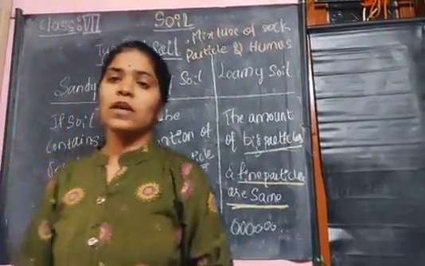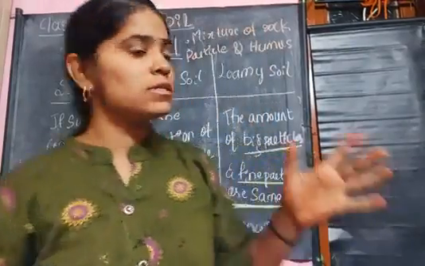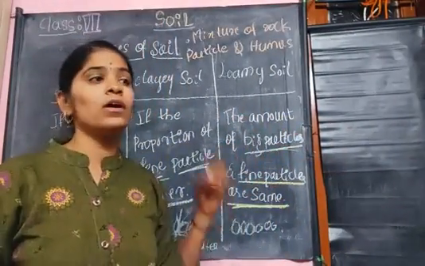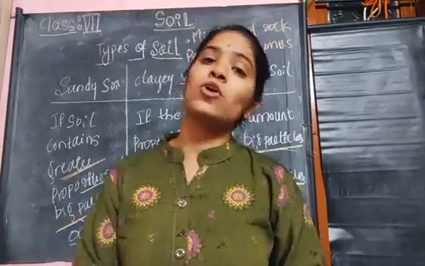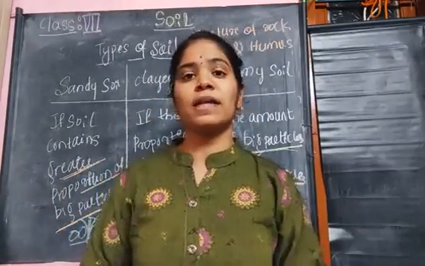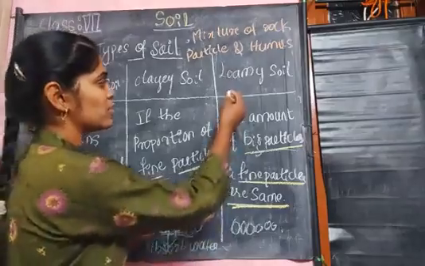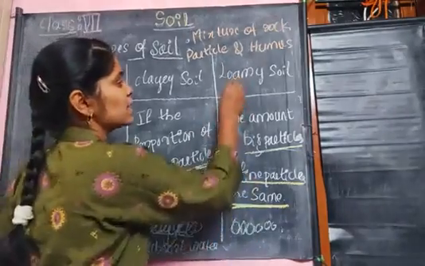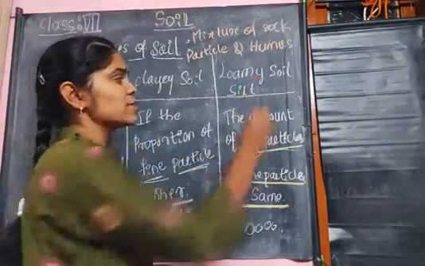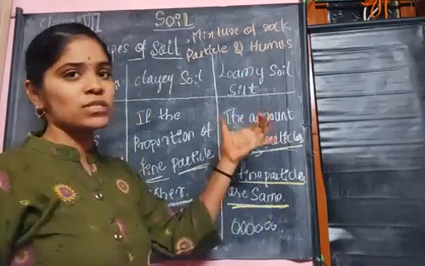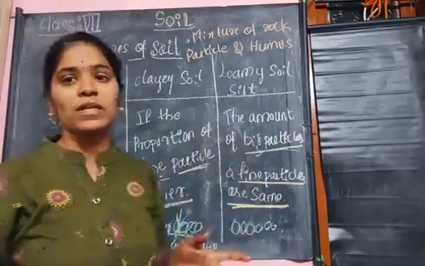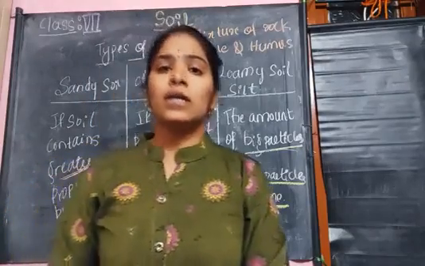Okay students, as I already told, loamy soil is a mixture of sandy soil as well as clay soil. There is another soil present in our environment, that is silt. I will write here silt. So this is also a soil whose particles lie in between sandy as well as clay soils.